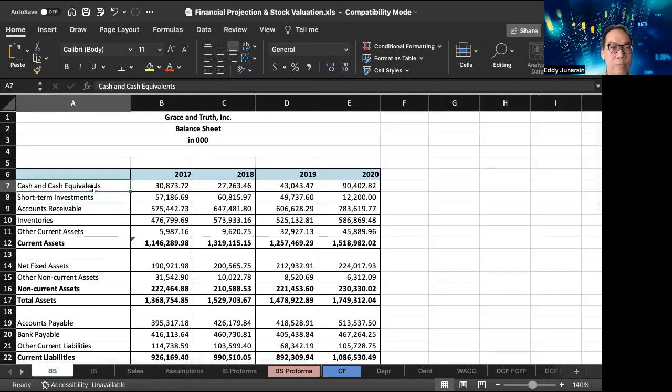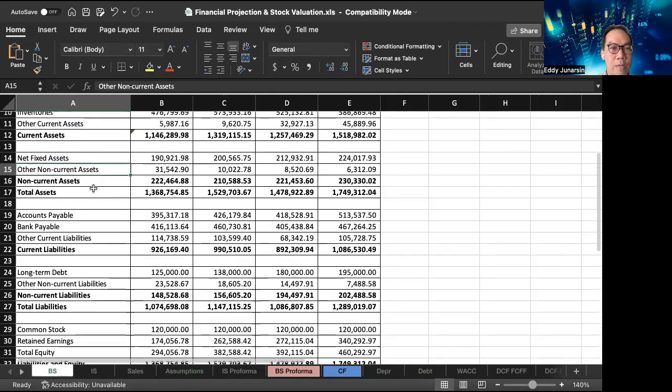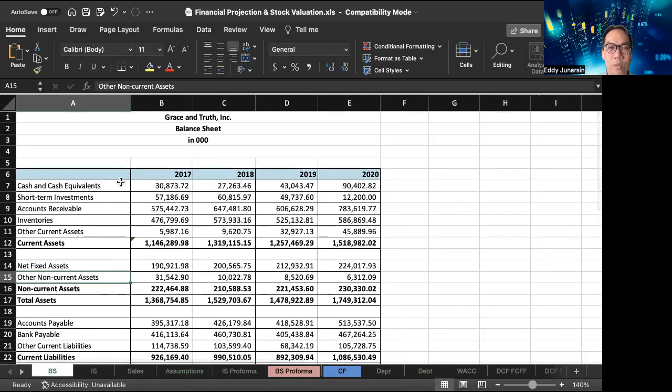Look at the balance sheet items here. We have many items to estimate or project for a few subsequent years.